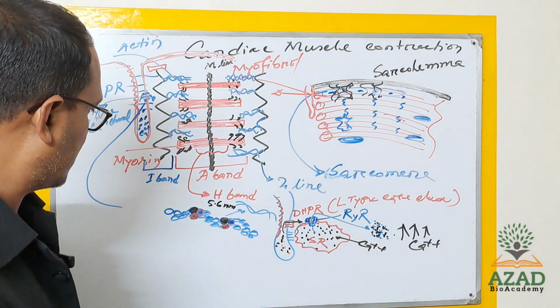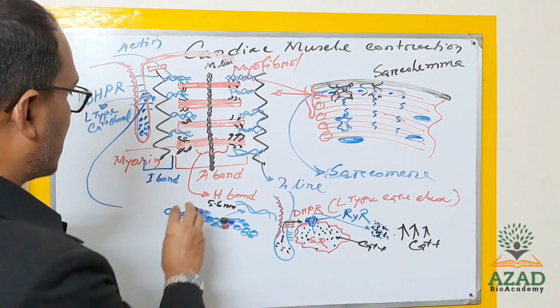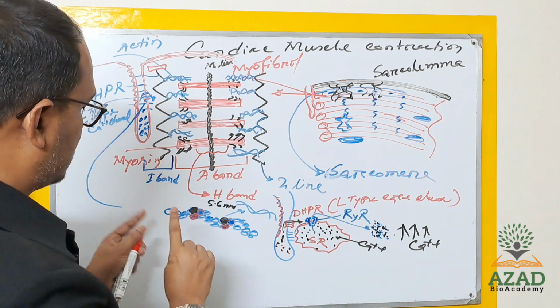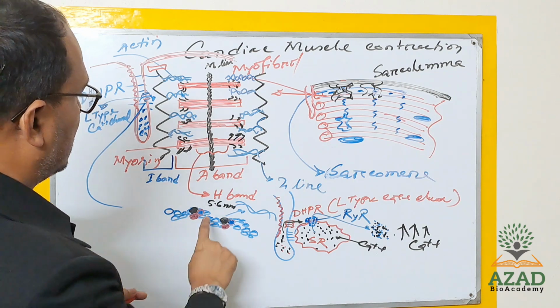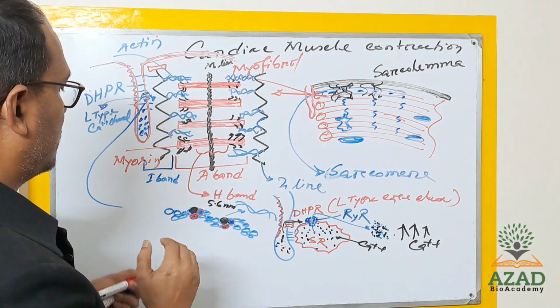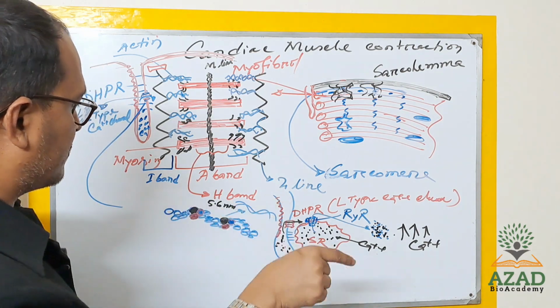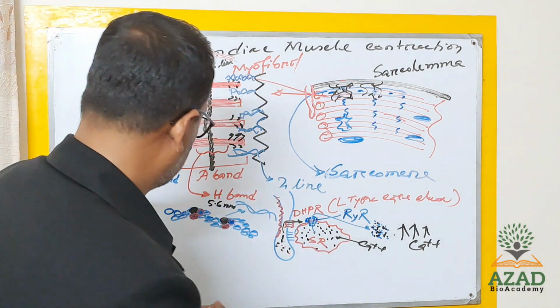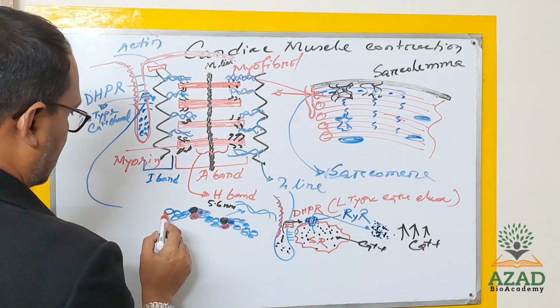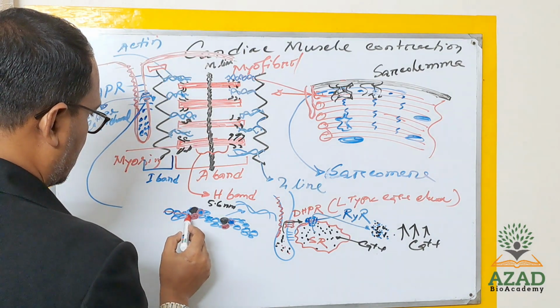And that is not enough. Another thing, the actin is blocked by a special type of chain protein.